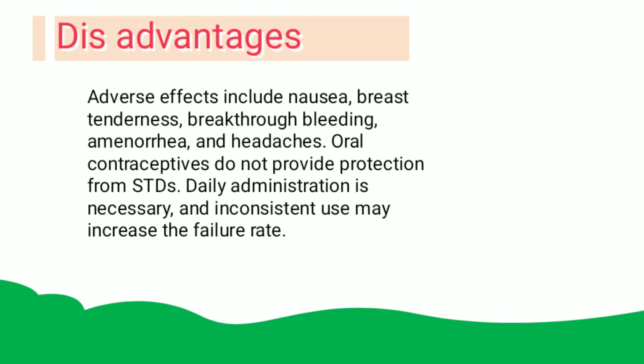The adverse effects include nausea, breast tenderness, breakthrough bleeding, amenorrhea, and headaches. Oral contraceptives do not provide protection from STDs. Daily administration is necessary, and inconsistent use may increase the failure rate.